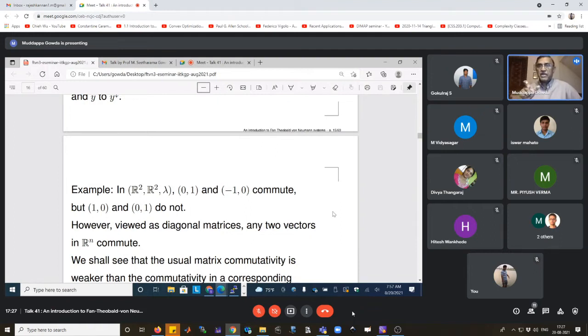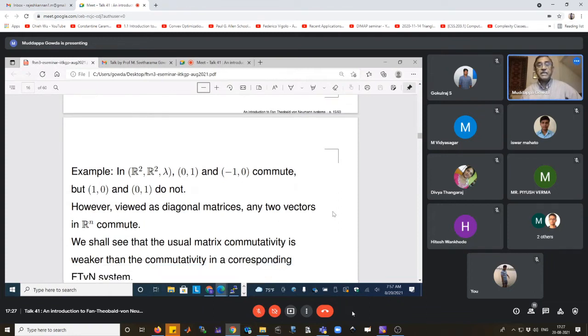This becomes important later on when we talk about commutation principles and all that. Okay, (1, 0) is orthogonal to (0, 1). They are non-negative, they are complementary, but they do not commute in our system. Now, when you view vectors as diagonal matrices, any two vectors commute.